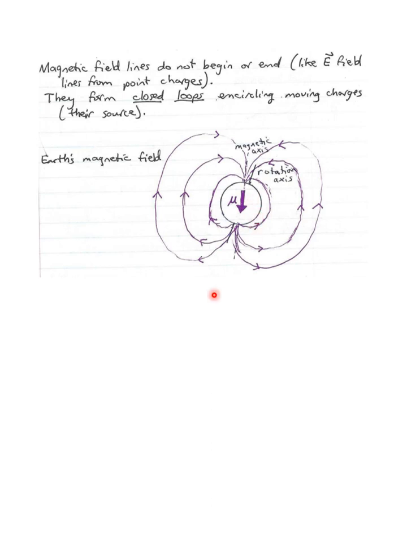There's mu of the entire planet, and it's pointing towards what we call the South Pole, but remember that is magnetic north. I also want you to note that the rotation axis is different from the magnetic axis on the Earth. So the Earth's magnetic poles aren't exactly on its rotation axis.